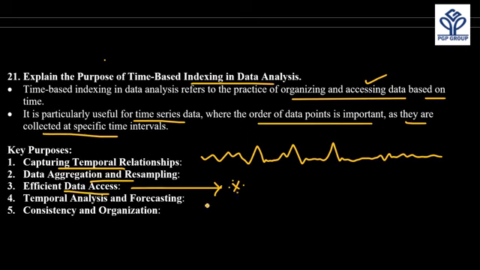Then temporal analysis, and it will also be used for forecasting. Then consistency, you can check the consistency and organize the data. These are the additional purposes, but the core purpose is efficient access to the data. This is the purpose of time-based indexing in data analysis.